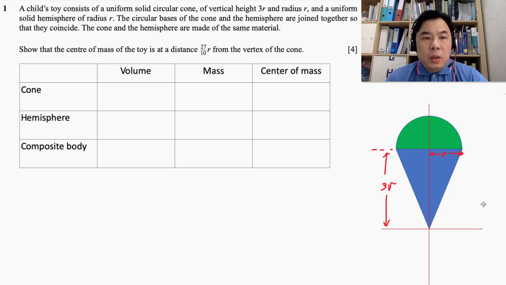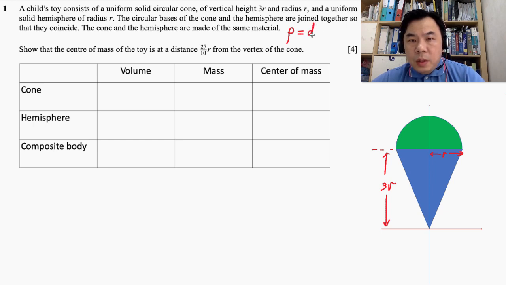And a uniform solid hemisphere of radius r also, which is attached to the cone to form a composite rigid body here. Now the cone and the hemisphere are made of the same material, which means they both have the same density. Let's call the density of this material rho.